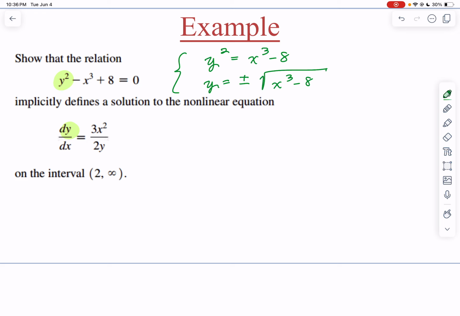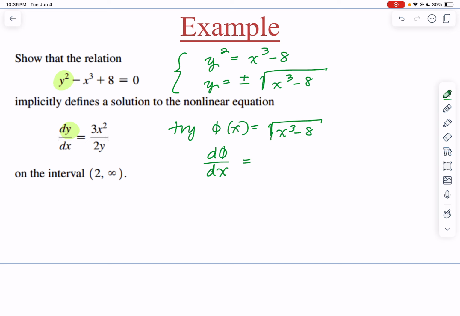So if we go ahead and try, we'll let phi of x be equal to, and we could just start with the positive root, the square root of x cubed minus 8. And here we're going to just need the first derivative, or we could write it y prime.